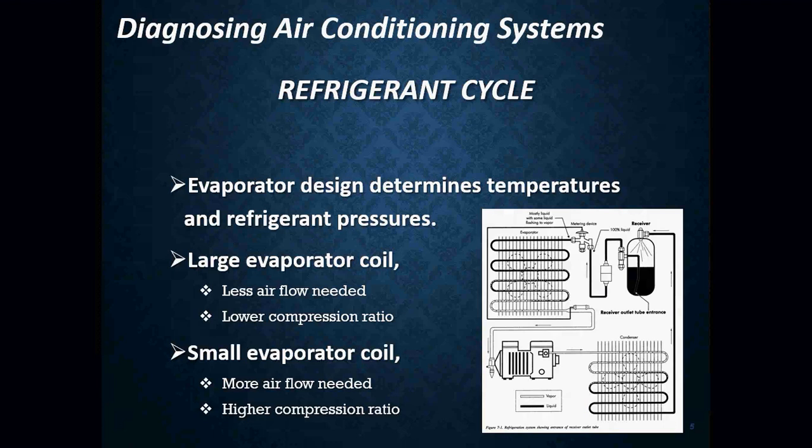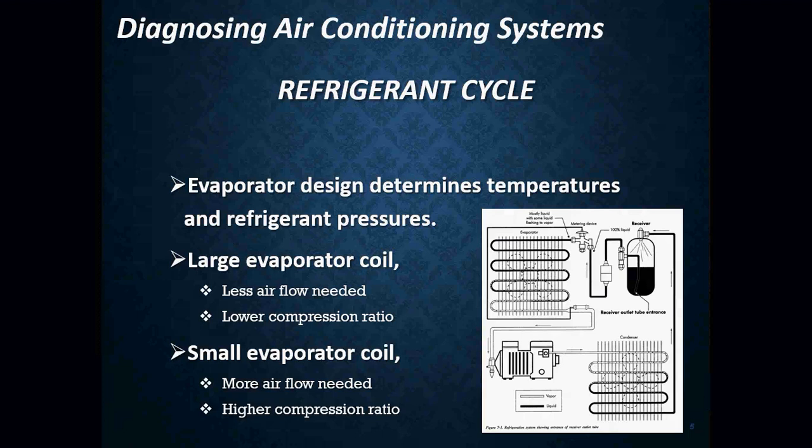Well, with larger evaporator coils, we obviously have a much larger surface area to contend with. Okay, the larger the coil surface area of the evaporator, the closer the coil temperature will be to your entering air temperature.